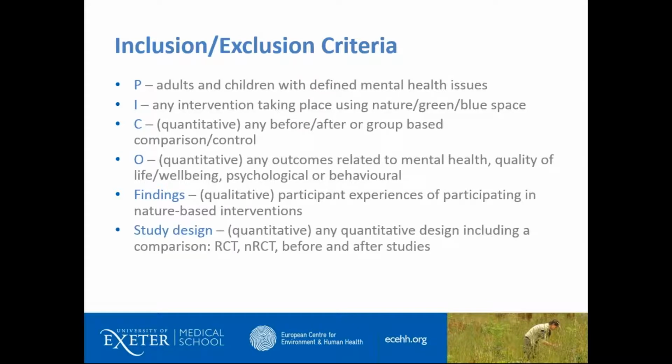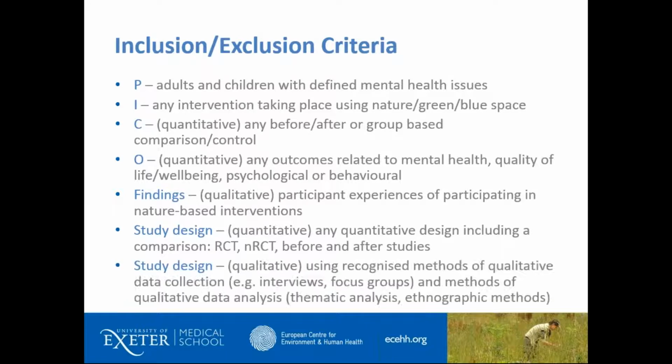And for the qualitative evidence synthesis, we were interested in studies that looked at participant experiences of participating in nature-based interventions, and studies that used recognised methods of qualitative data collection and data analysis.